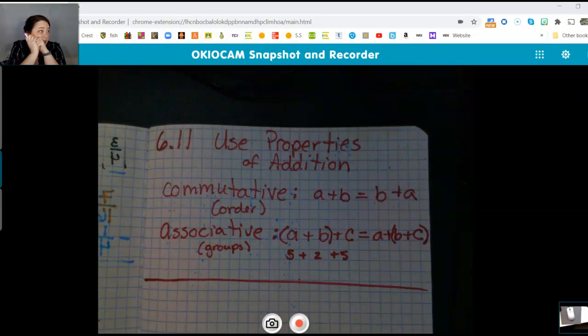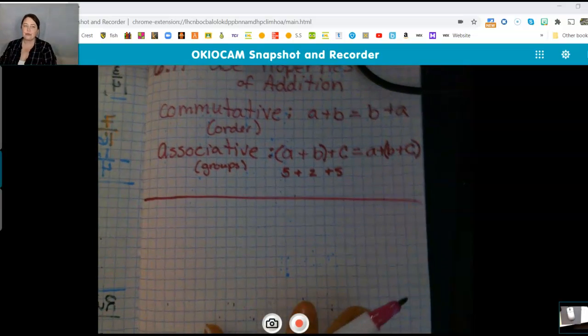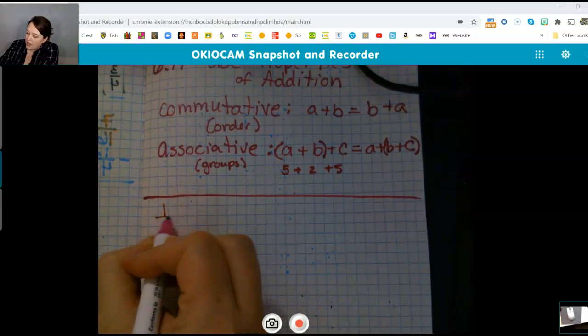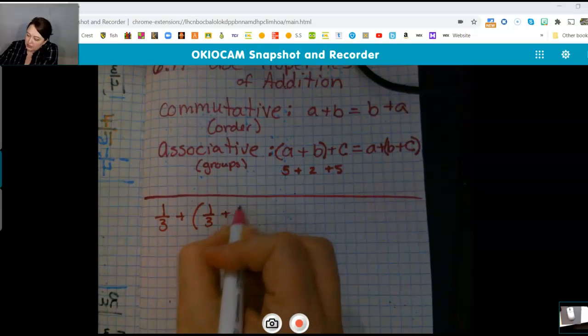Sorry, I'm looking at the first problem. The first problem has a word problem. Jane and her family are driving. On the first day, they travel 1/3 of the distance. On the second day, they travel 1/3 of the distance in the morning and then 3/6 in the afternoon. What's their total? So technically, when I write out the problem it is 1/3 plus 1/3 plus 1/6.